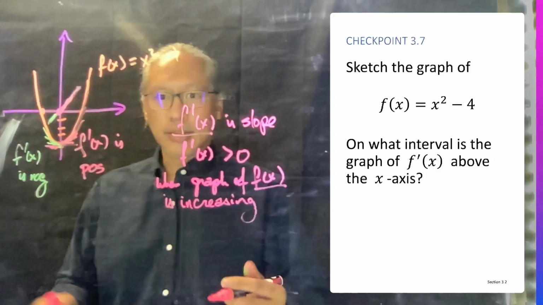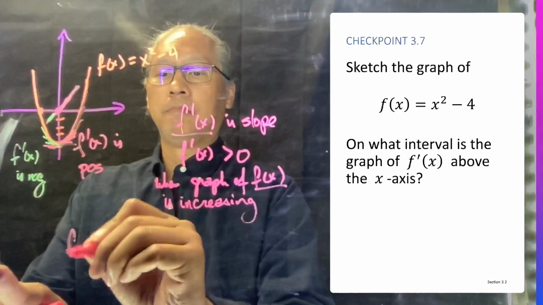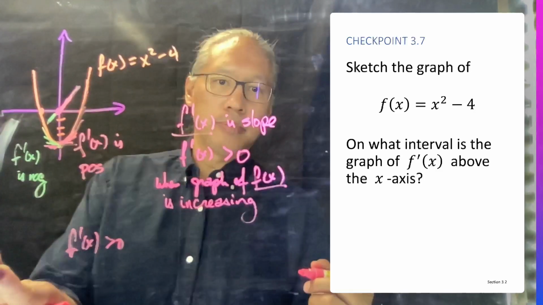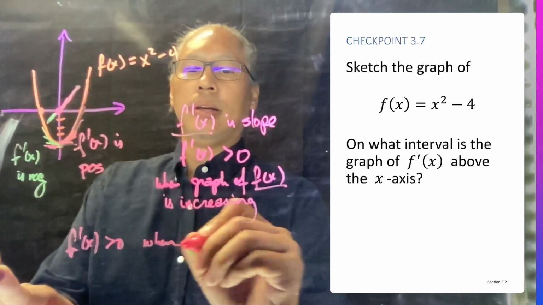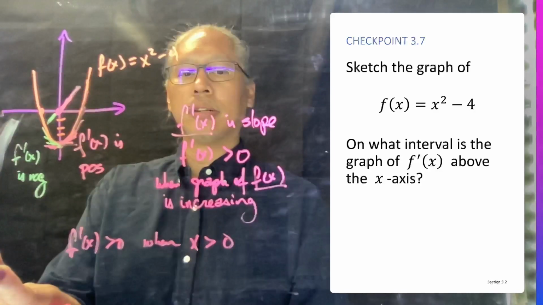Okay, so that's it. So we can say f prime of x is bigger than 0, which is saying it's positive, which is saying it's above the x-axis, when x is bigger than 0. So when x is bigger than 0.